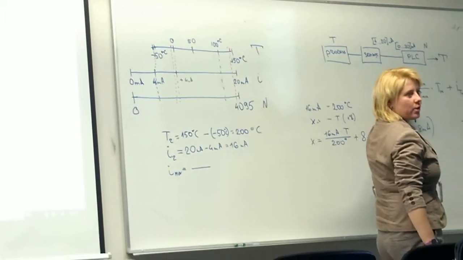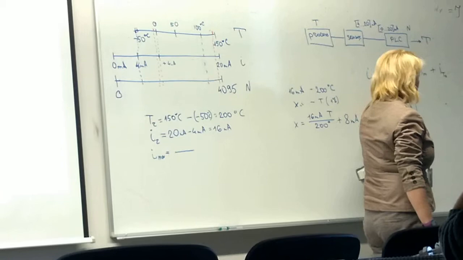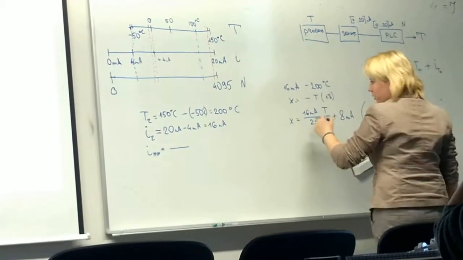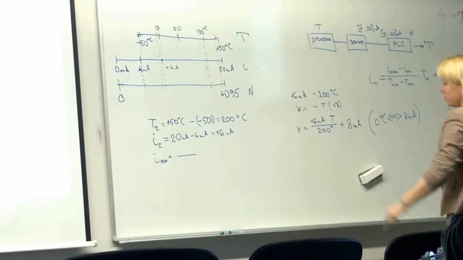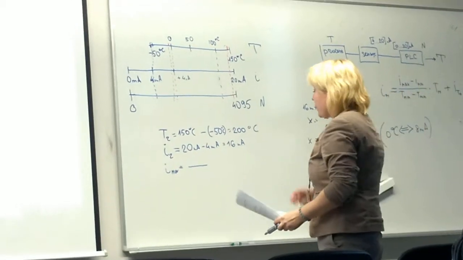A lot of engineers have this formula. I don't remember it and I won't use it. For me, it's easier, knowing all the ranges, to find out how to calculate them.